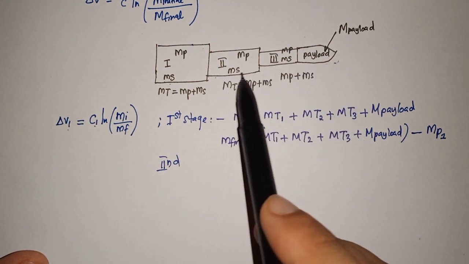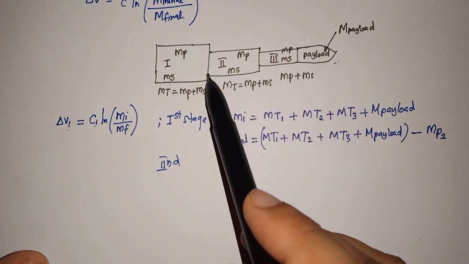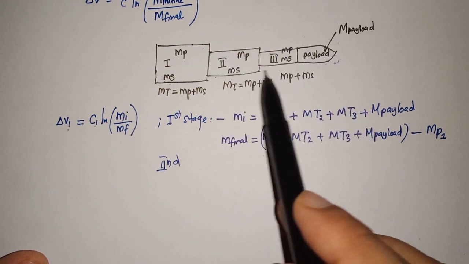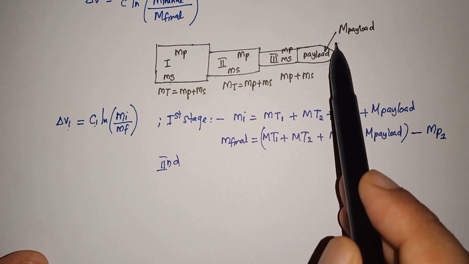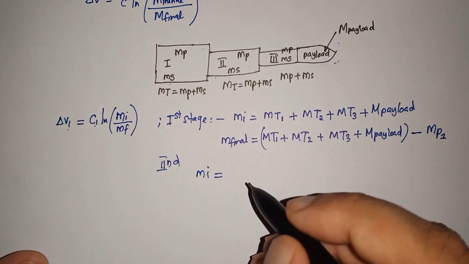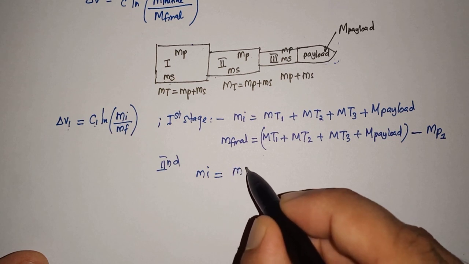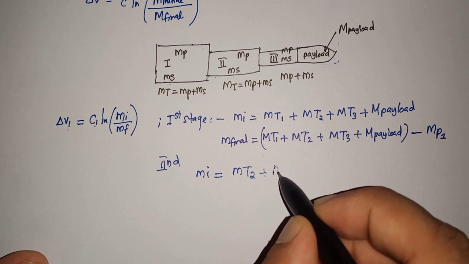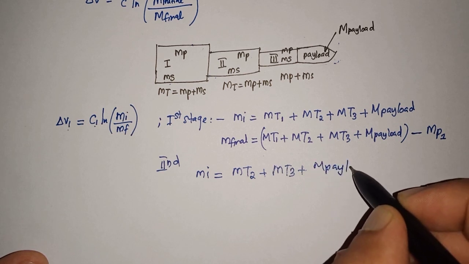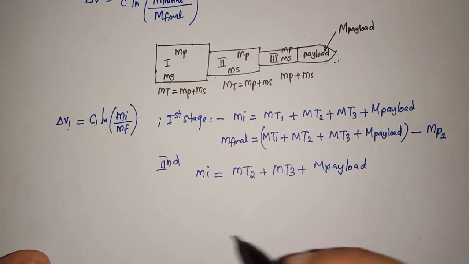So in that condition, we take the second stage to the payload fully. That is going to be my initial mass, so this is my total mass of the second stage plus the third stage plus m payload. Here the propellant is getting consumed again. Now your final mass is going to be that entire term minus the propellant, you can write.